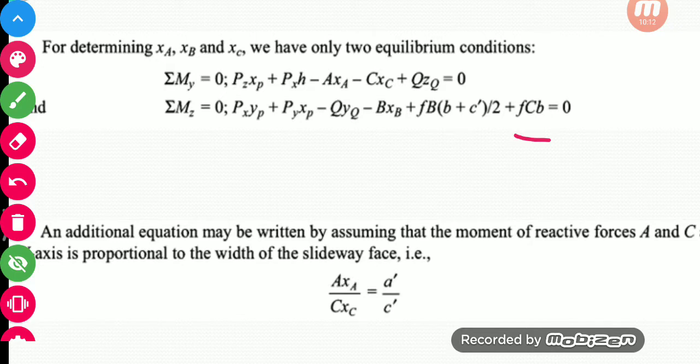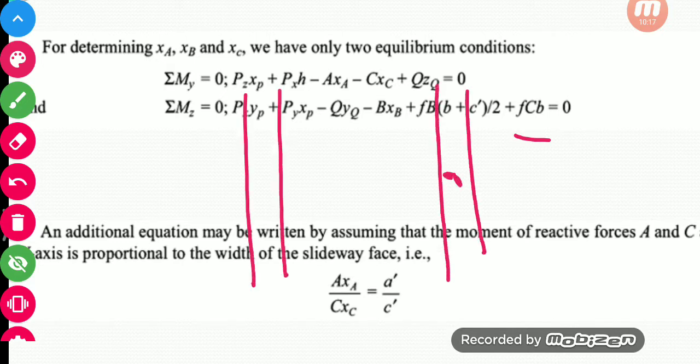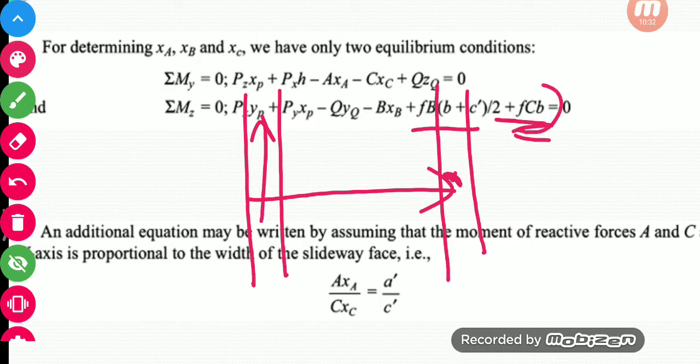So that is again in the clockwise direction. If you had to have the top view, your z axis would look at this point. Then we would basically see that all forces which were clockwise, for example this is the friction component because of your FC right here, then there would be the friction component because of B, then there would be the Px component right here, Py component right here, and so on and so forth.